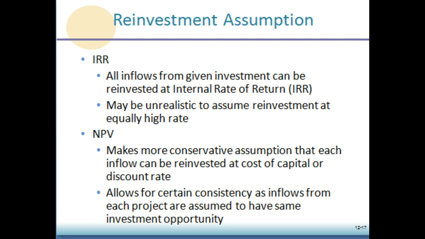So, the reinvestment assumption is about the modified internal rate of return, an alternative calculation to the IRR and NPV methods. All cash outflows are discounted to the present at the firm's cost of capital. All cash inflows are converted to a terminal value by compounding them at the firm's cost of capital out to the end of the project.